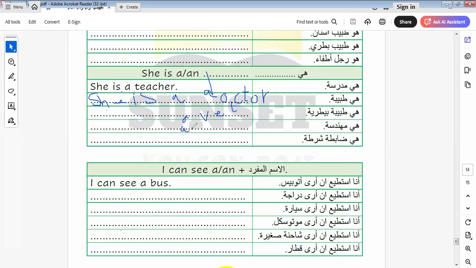She is an engineer. She is a police officer. She's a police officer.